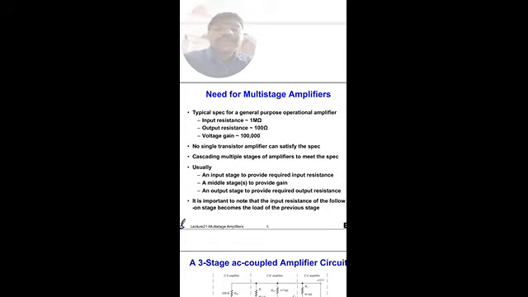Hello students, today in class we are going to study multi-stage amplifiers: the definition of gain of a multi-stage amplifier, bandwidth, and frequency response of a multi-stage amplifier.